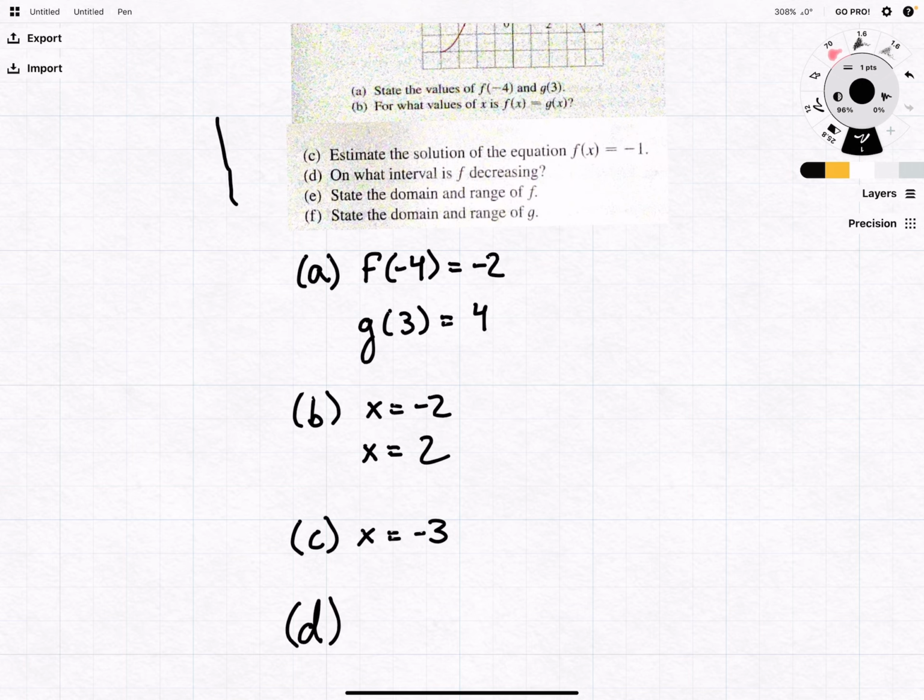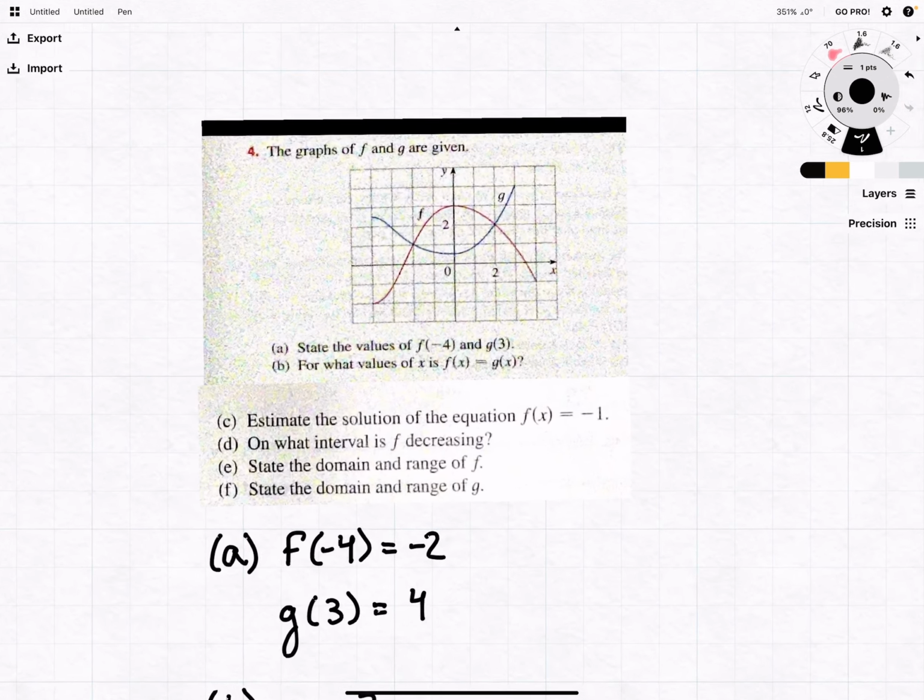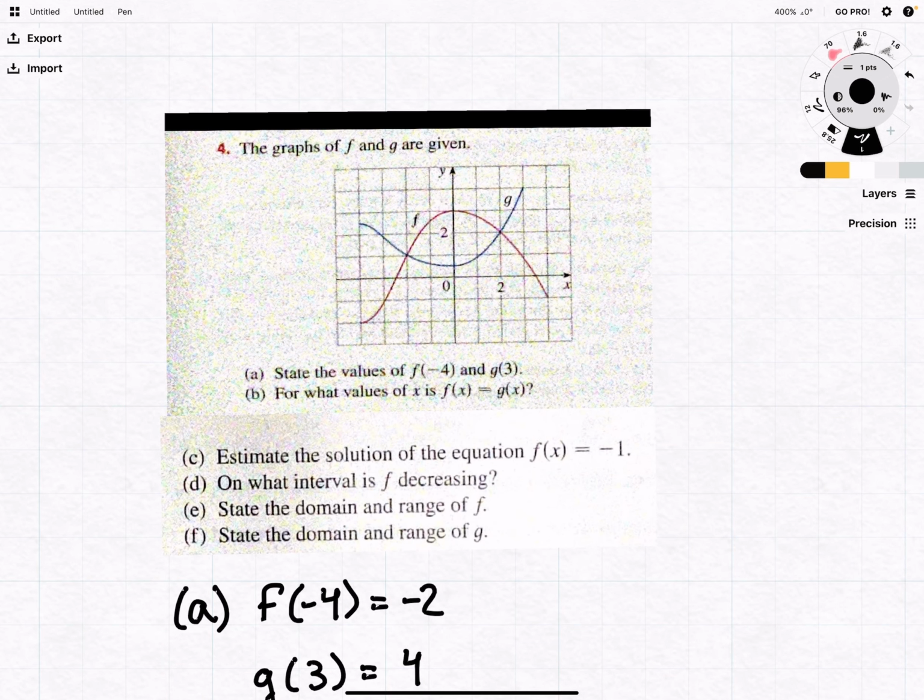On what interval? Oh man, the eraser's really escaping me today. So it says, on what interval is f decreasing? Okay, well, looks like it's decreasing from about here all the way to here, right? The graph is going downwards.